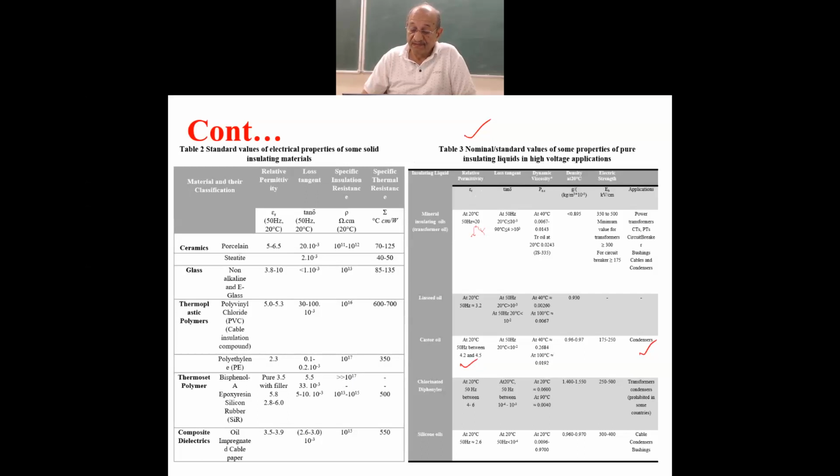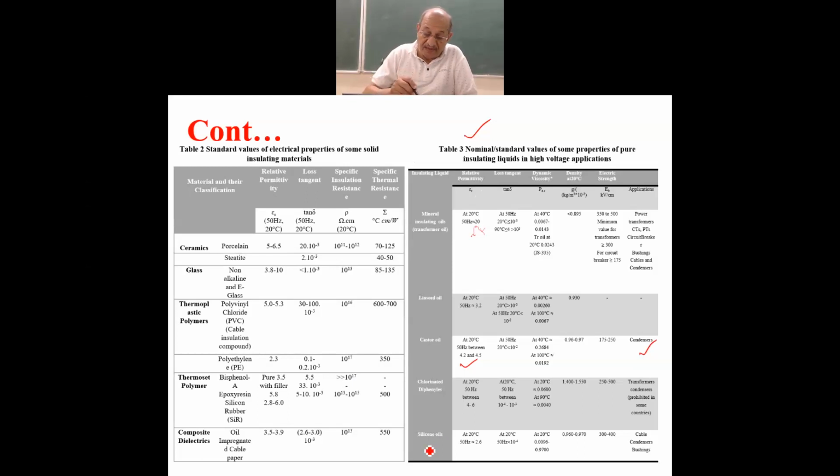High relative permittivity will give rise to higher magnitude of capacitance formed. So the castor oil is used specifically for application in capacitors.